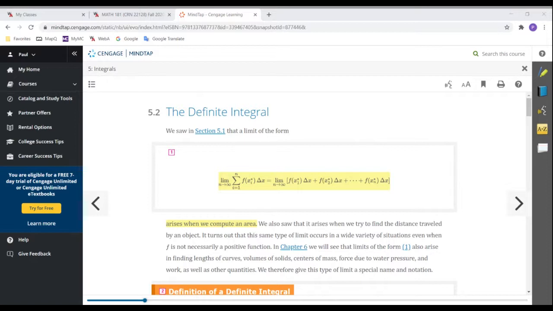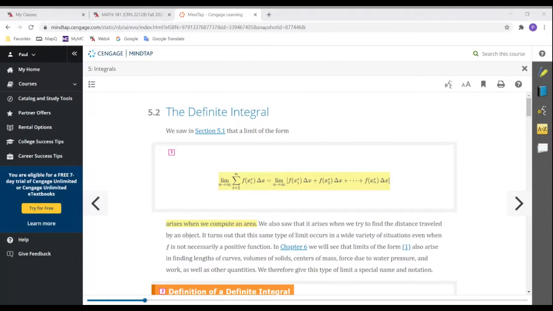When you take a value of a function, which is the height of the rectangle, and multiply it by the width of the rectangle, delta x, you get the area of a rectangle. And you're adding up all the areas of these rectangles, and as you let n go to infinity, that means you're getting tighter and tighter rectangles.